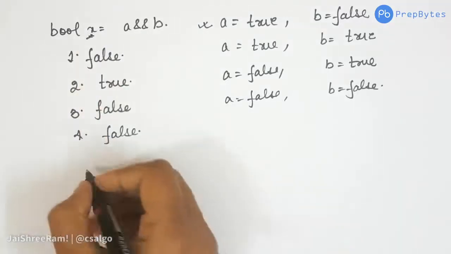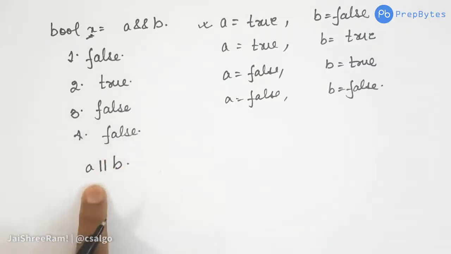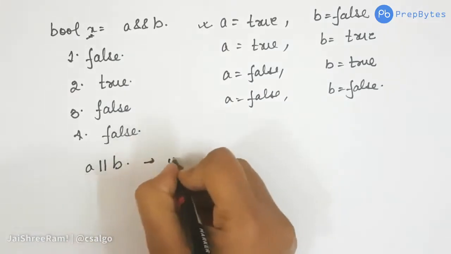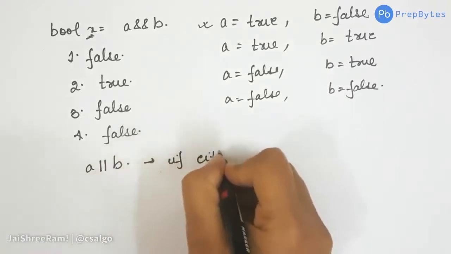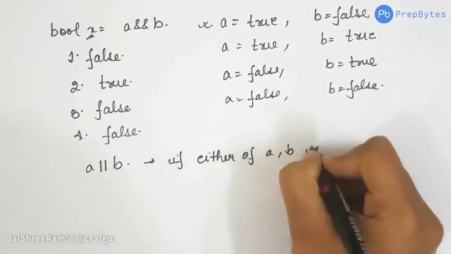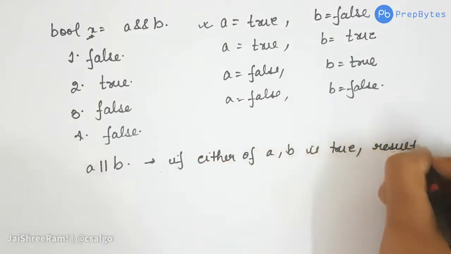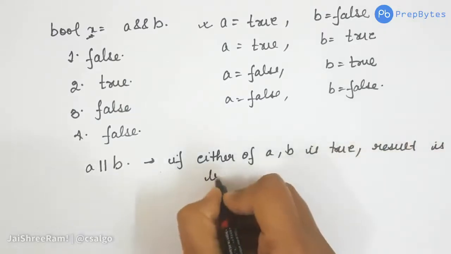Now let's talk about A or B. What happens in the case of A or B is, if either of A, B is true, the result is true.